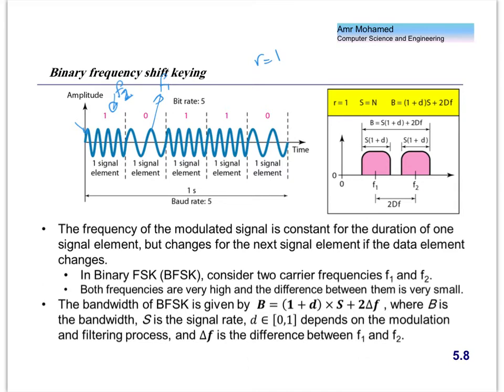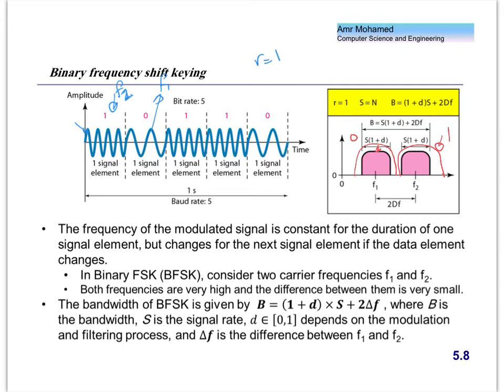Whereas for binary FSK, the receiver has to use some kind of filter to detect whether you have high power in the range of F1, in which case you have 0, or in the range of F2, in the case of having 1. So this is 0 and this is 1. If you have high power in the range of F1, you have 0. If you have high power in the range of F2, you have 1. So that's what the receiver in fact does.